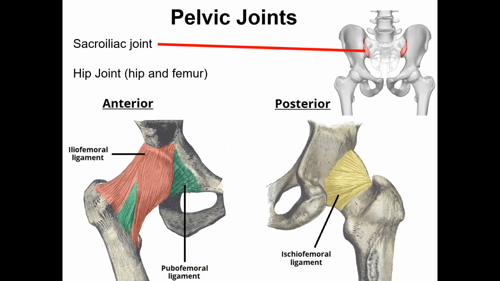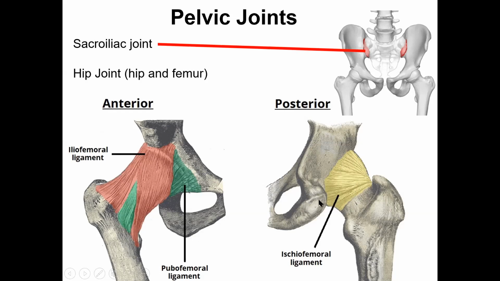Important ligaments that help to anchor or secure this joint are the iliofemoral ligament. So the iliofemoral ligament is this red ligament here. It's articulated between the femur and the ilium. Then we've got the pubofemoral ligament, which articulates between the pubis, the anterior portion of the pelvic bone, and the femur.